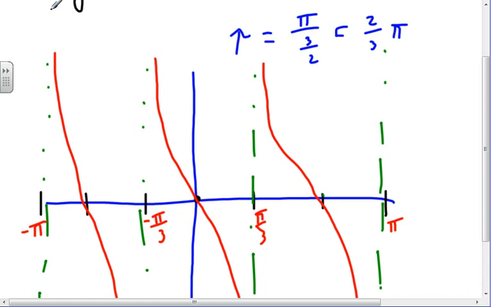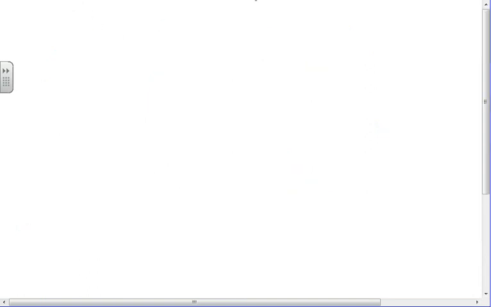Okay, number 6. Y is equal to 2 cotangent 1/3 x. So I've got an amplitude sitting here that looks sort of like 2. So I'll have to deal with that at the end of my drawing.